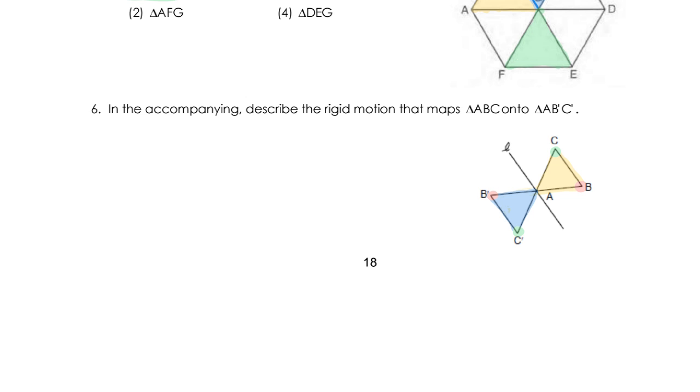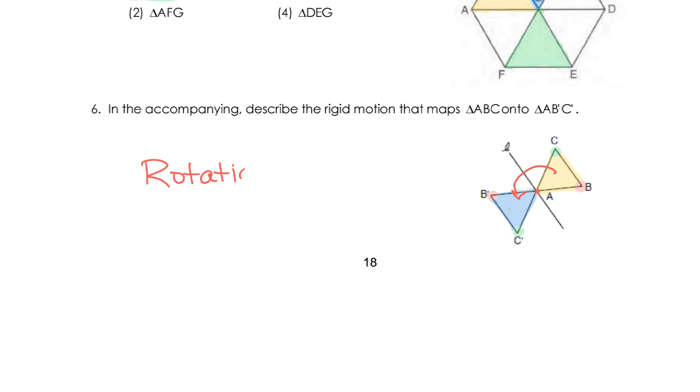All right, in order to get that yellow triangle onto that blue triangle with the corresponding points, C going to C prime and B going to B prime, I think you guys would agree that this triangle is not going to need to be flipped over that line L, that it's going to have to be turned around that point A that's on line L. Okay, and so this is going to be a rotation.